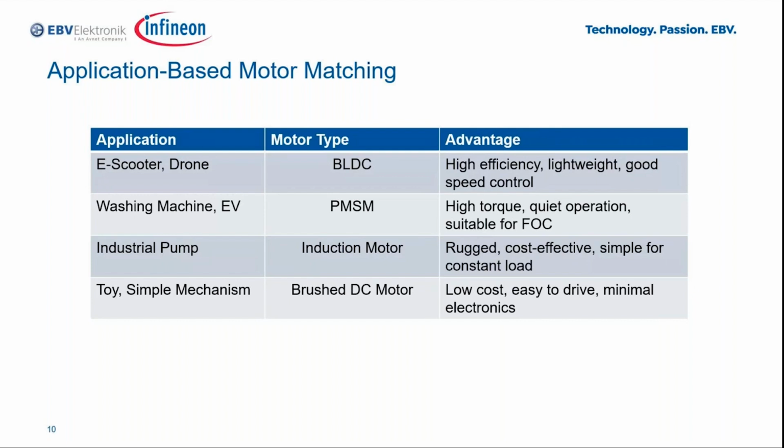For PMSM, it is especially ideal for household appliances and vehicles that require precise and quiet operation. For the other category, the induction motors, it is preferred for its industrial robustness and simple structure. And the last one, the brushed DC, is useful in low-budget projects that do not require complex control, like a toy.